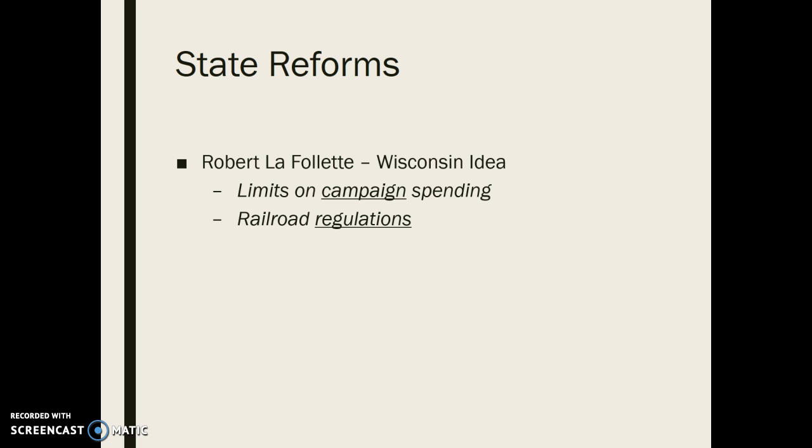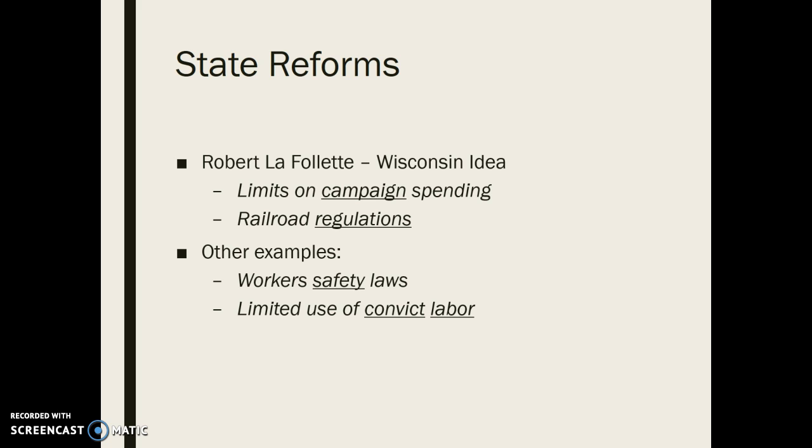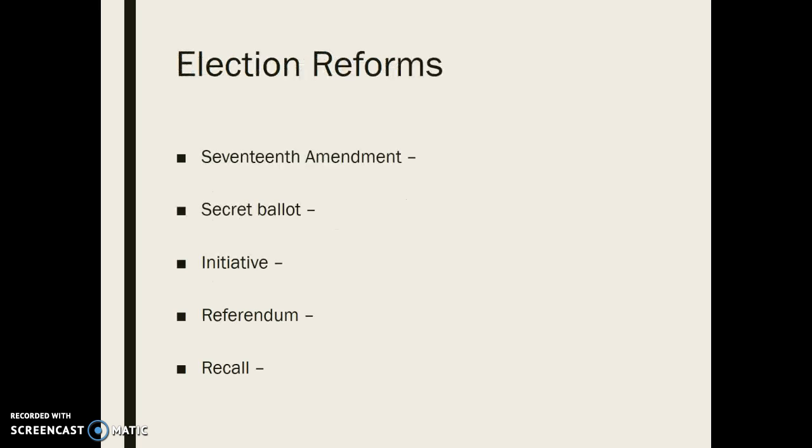And as we talked about at the end of the Gilded Age unit, that's going to find a lot of support, especially in the Midwest and west of that. Some other examples: workplace safety laws. I mean, these are attempts to keep people safe and give people opportunities. And we still see efforts in that today.